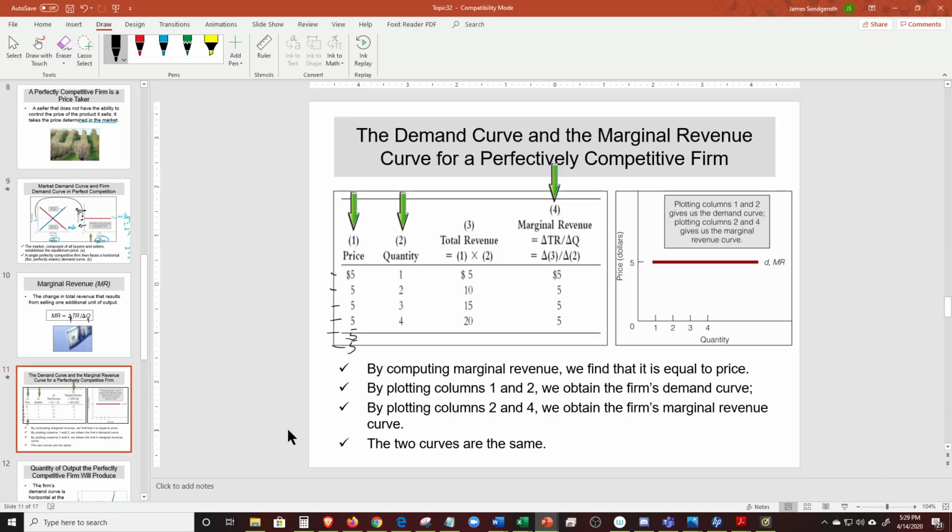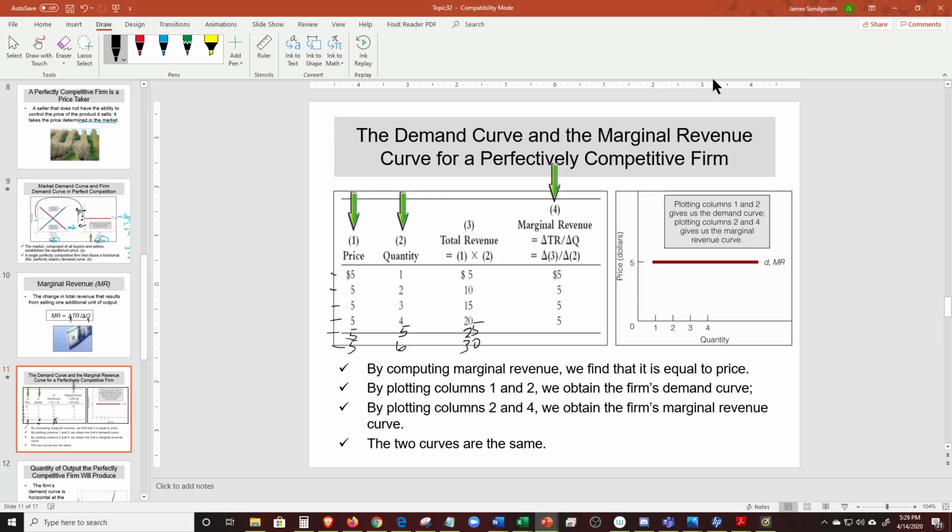So the quantity it can sell, let's say at $5, it can sell 1 at $5, 2 at $5, 3 at $5, 4 at $5, 5 at $5, 6 at $5. And then the total revenue would be price times quantity, so 5, 10, 15, 20, 25, 30. So we get there to our 6th row.